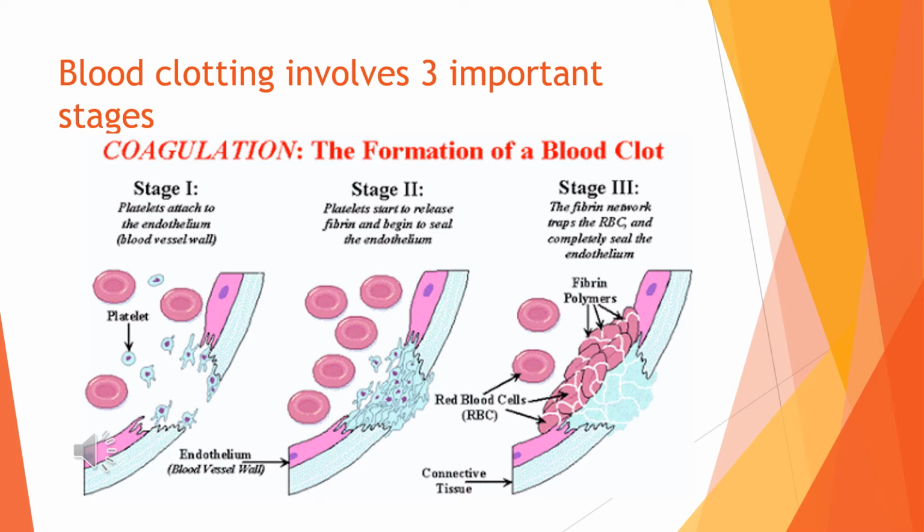In the first stage, it will try to attach the platelets. In the second stage it will form and release fibrin, and in the third stage it will try to trap WBCs and form a network of polymers, fibrin polymers. So these are the 3 stages of blood clotting.